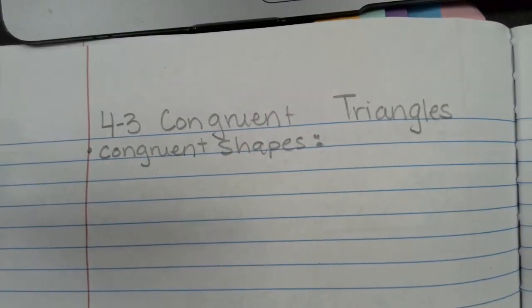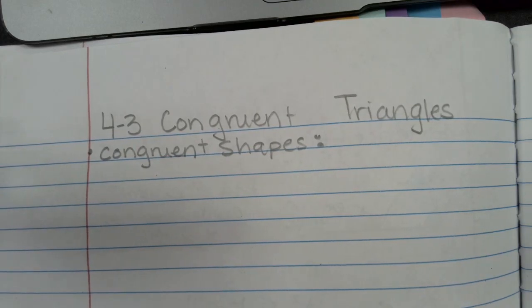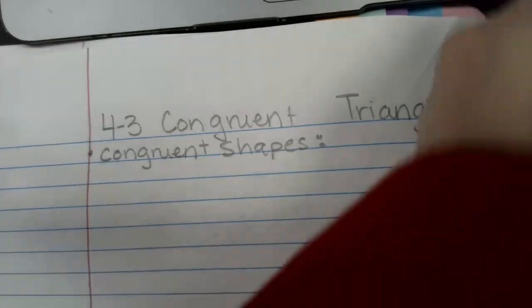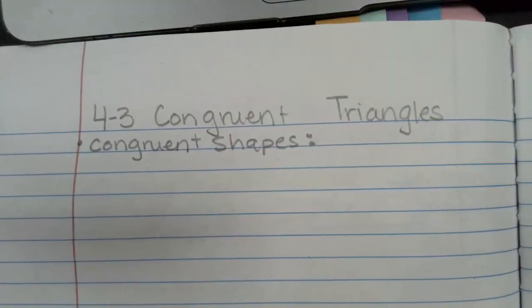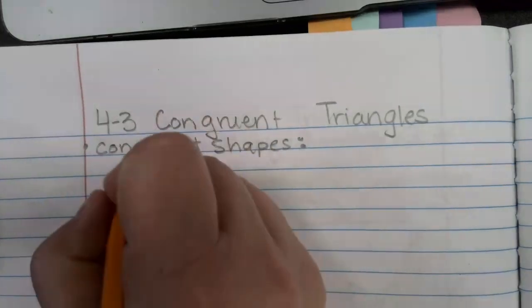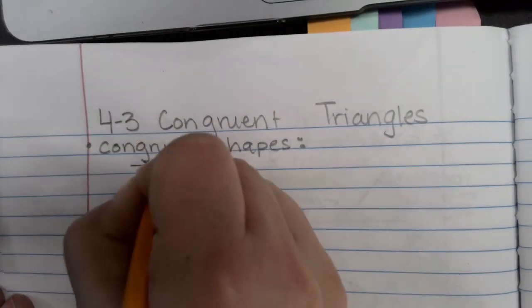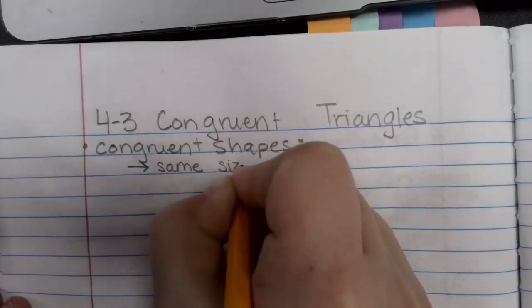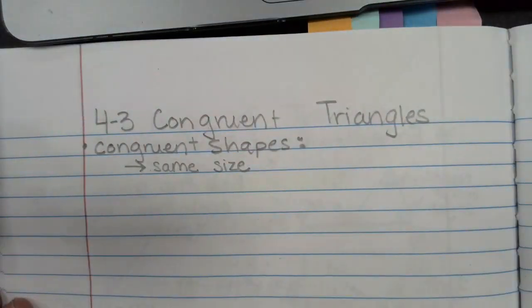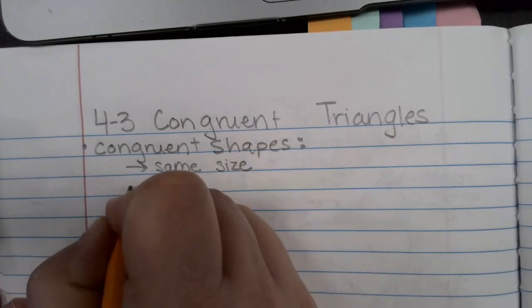What does it mean that they are congruent? Okay, and we've talked about that word congruent many times. What does congruent mean? The same. So they are the same size. They are the same shape.